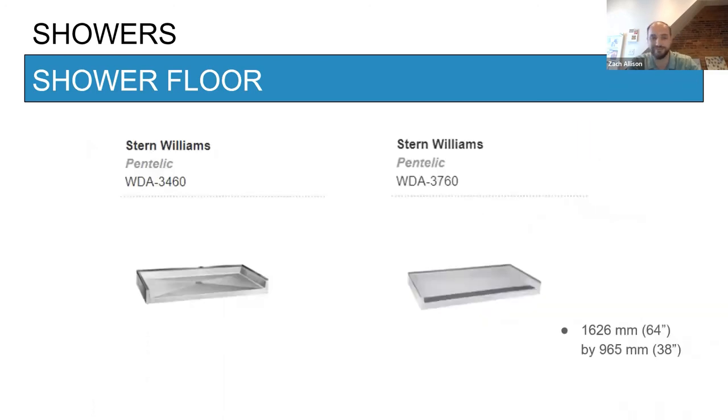So just keep that in mind. Here we have two options from Williams that comply with the code, WDA 3460 and the 3760. They both also have the minimum dimensions required for the shower floor.